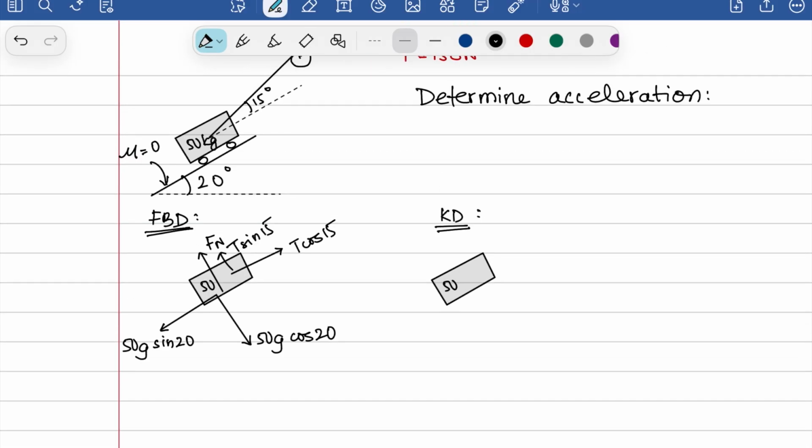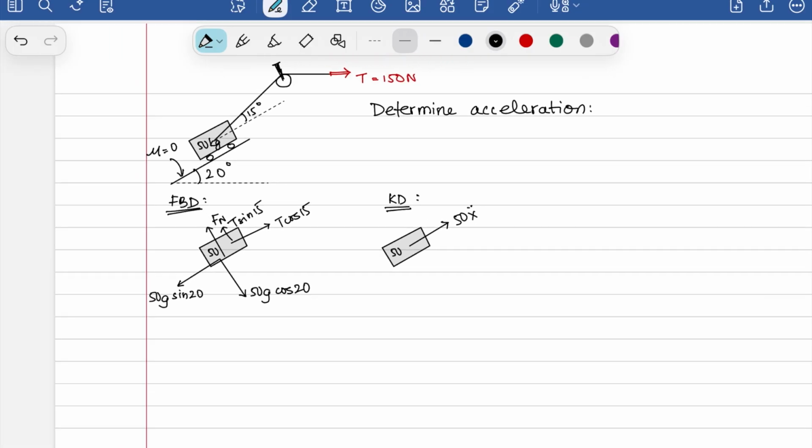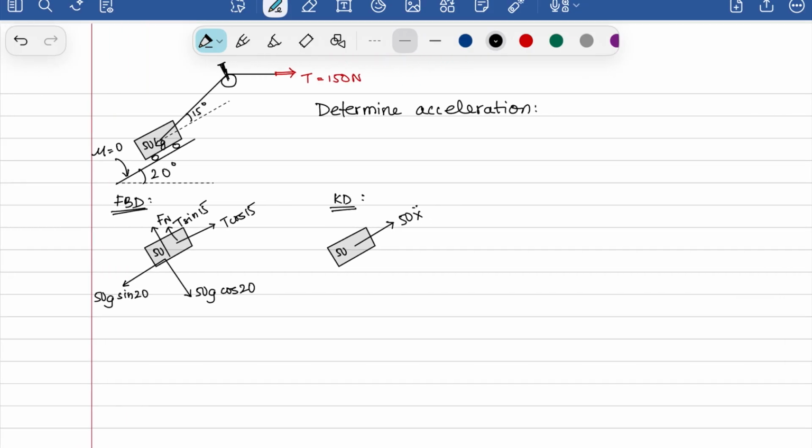In terms of the kinetic diagram, the only direction of motion that's possible is along the slope, so 50x double dot. You then obtain the relations that you need. So if I were to now write down along, let's say that the direction up the slope is n x hat, and the direction perpendicular is n y hat. These are just unit vectors.